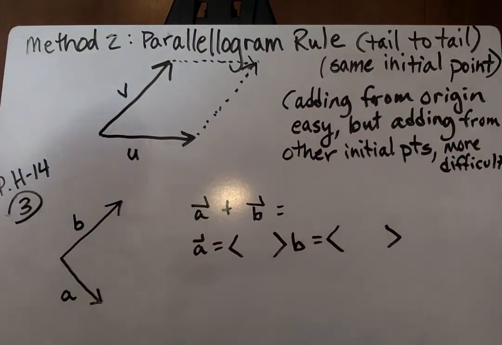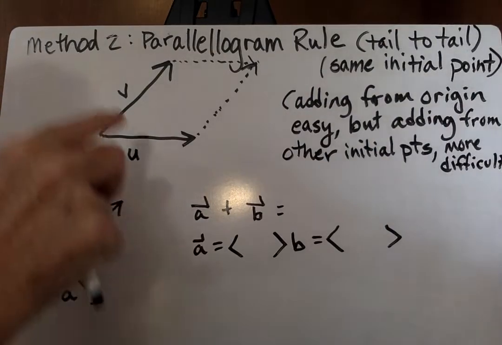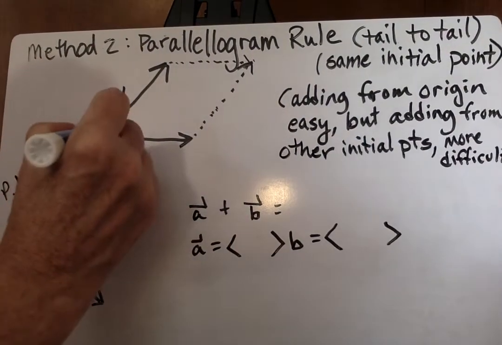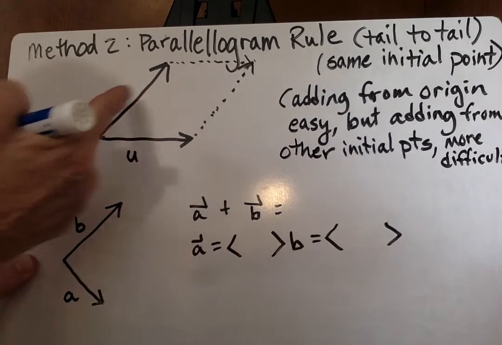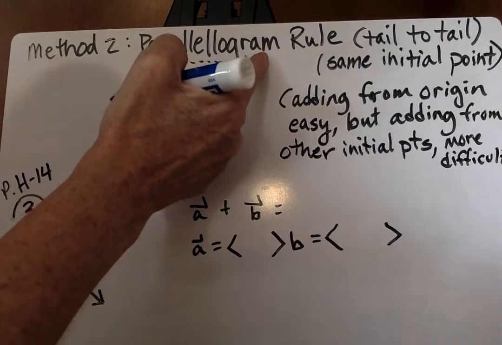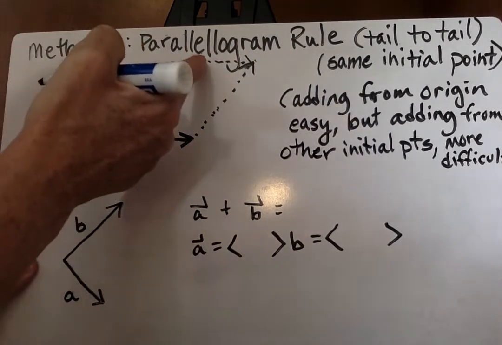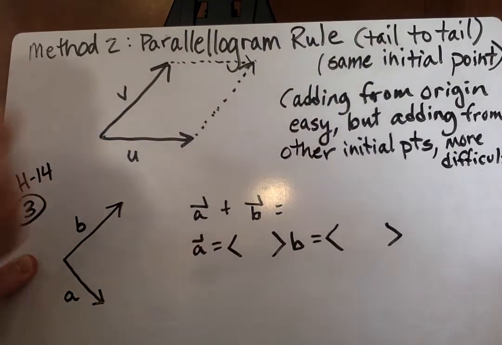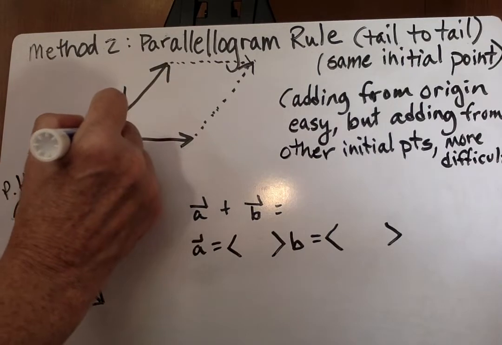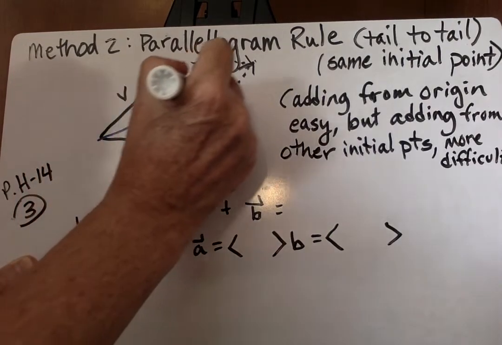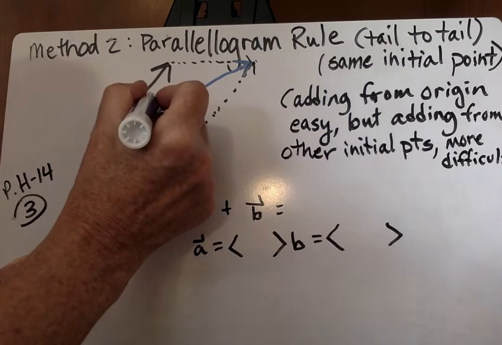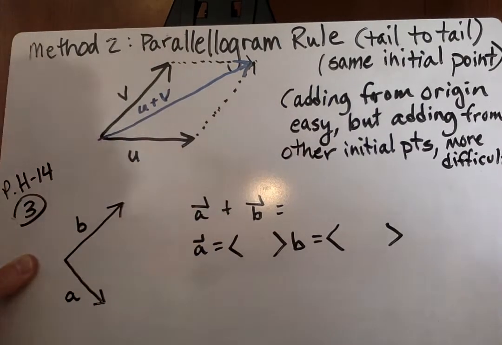Right here, they're just saying, here's U, here's V, and so when they start at the same point here, you can take this and pretend it's moved over here, and you go out to here. You can take this and pretend it's there and moved out to there. So you form this parallelogram, and then U plus V will be from the beginning all the way to the end there. So this would be U plus V, okay?